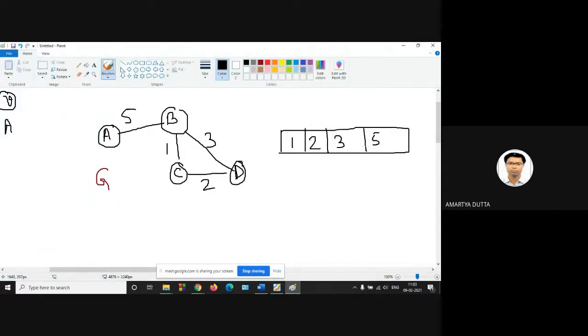This is sorted. So first one, we take this edge, B to C. Next 2, so we are taking C and D.